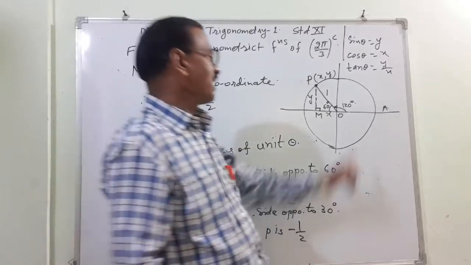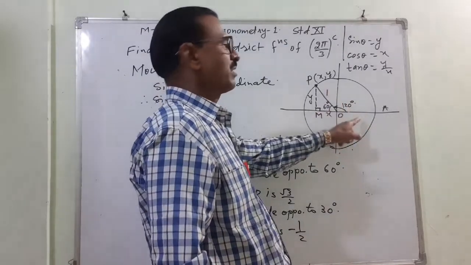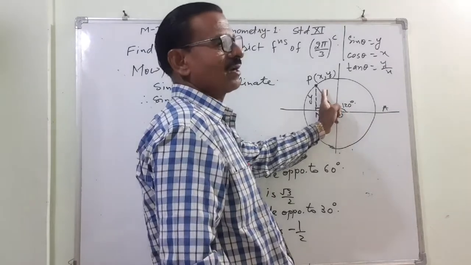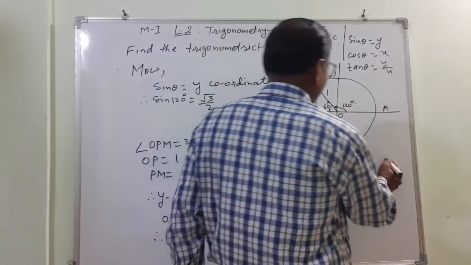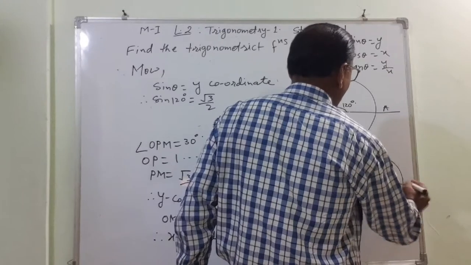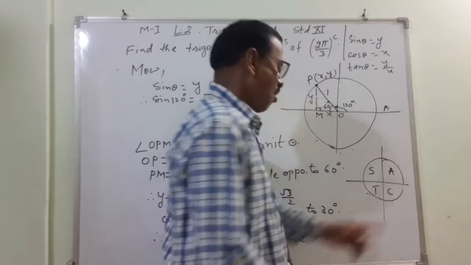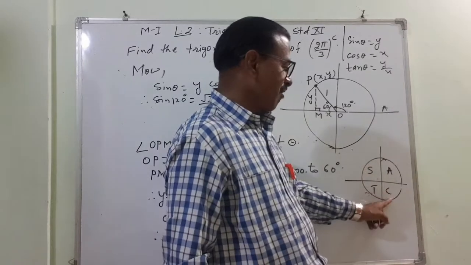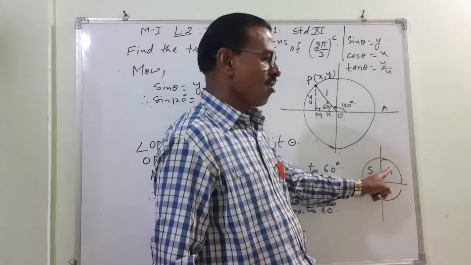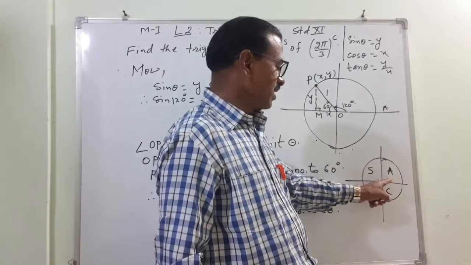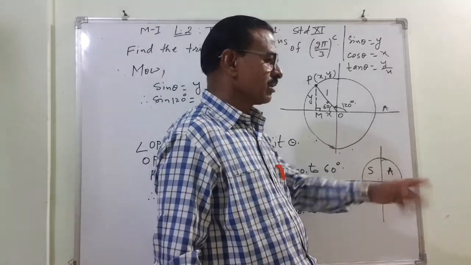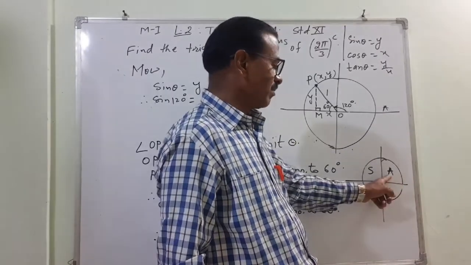Where the point is lying? It is lying in the second quadrant. The angle is lying in the second quadrant. In standard 10 you have studied, All Students Take Coffee. Means in the first quadrant, 0 to 90 degree, sin, tan, cos, all will be positive.